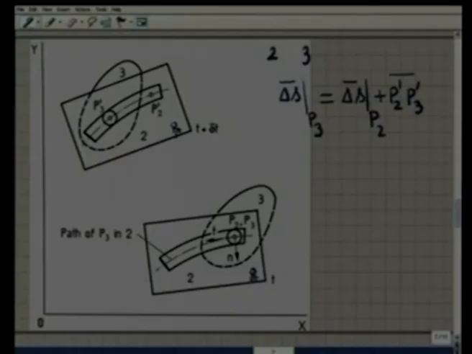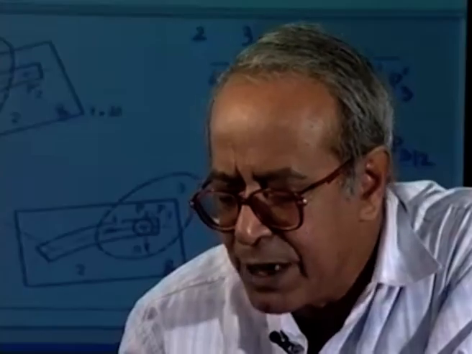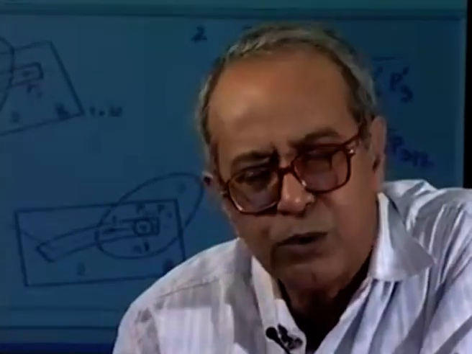So this P2 prime P3 prime is the displacement of the point P3 as seen by an observer sitting on or attached to body 2. This is the notation we use, delta P3 stroke 2, which means the displacement of the point P3 as seen by an observer attached to body 2.